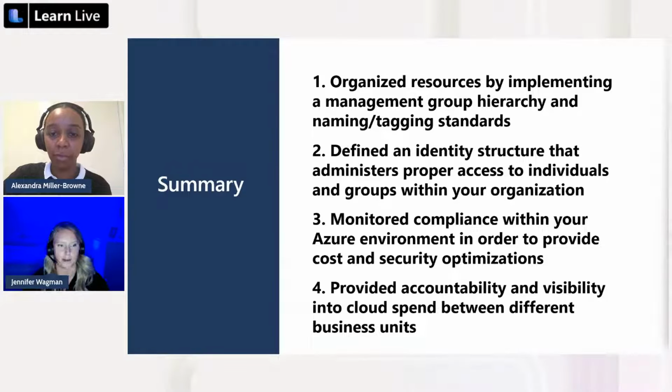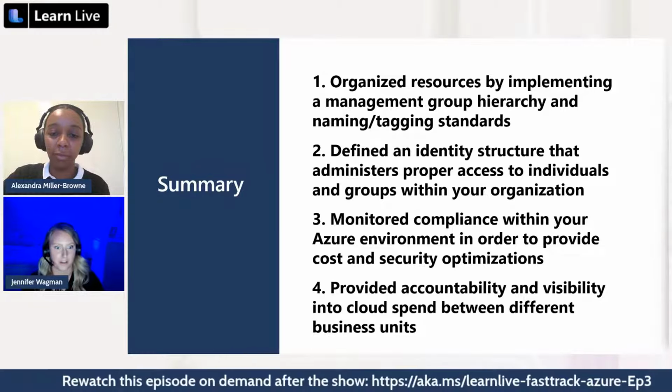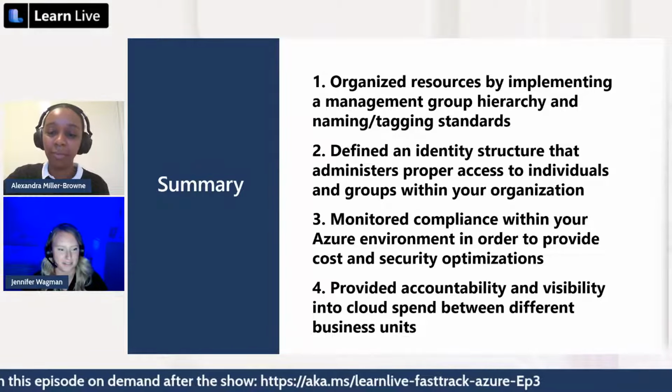We talked about monitoring compliance with Azure Policy and aligning that to support us through our tagging standards that we showed in today's demo. And then we also walked through providing accountability and visibility into your cloud spend across your business units, your departments, your cost centers, those types of resources.